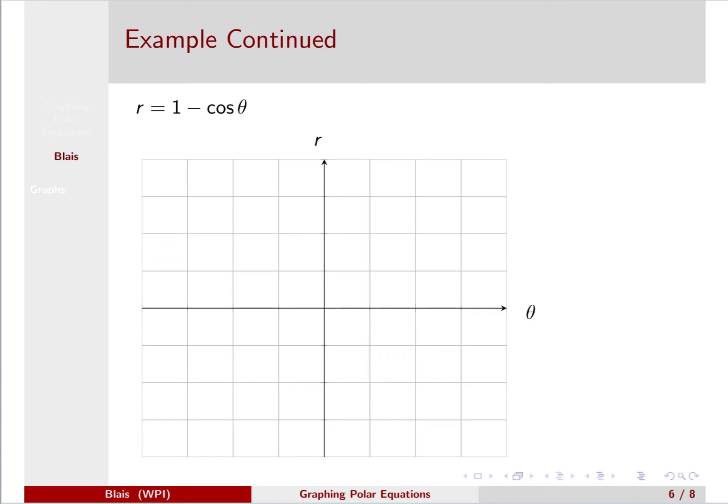So let's think about the example that we're working on in this lecture, r equals 1 minus cosine of theta. And here we're going to work in the r theta plane. And again, we're going to pretend or treat r and theta like rectangular coordinates.